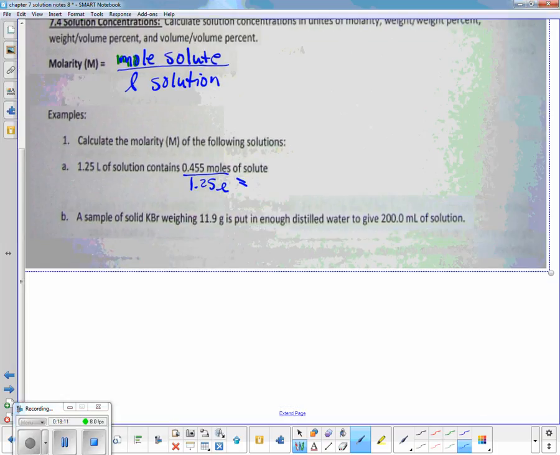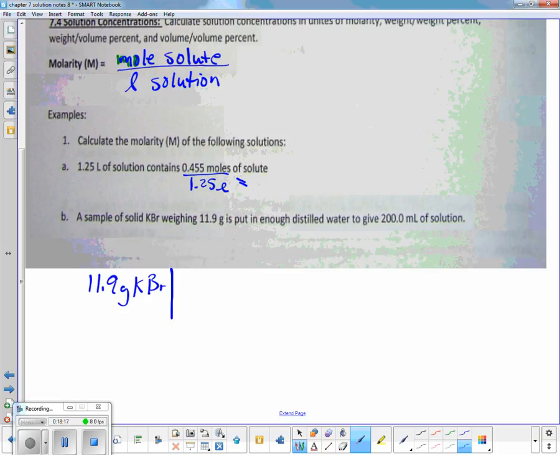So you're going to have to take the 11.9 grams of KBr, add up KBr. Potassium is about 39, bromine is 79, so 40 and 80, 120, take away 1, about 119 grams KBr.